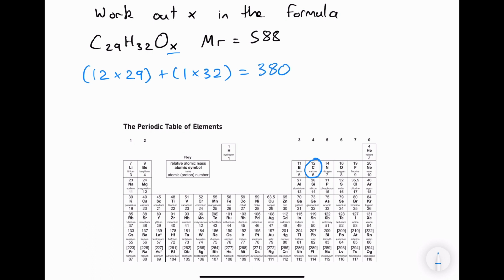Then we would take away this total from the total Mr provided to us in the question. So 588 take away 380, which equals 208. And then all that's left to do is divide this by the Ar of oxygen, which is 16. And this gives us 13. So 13 is the missing number x. So the final chemical formula would be C29H32O13.